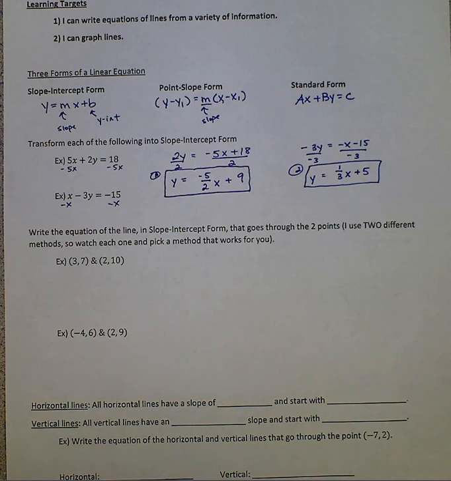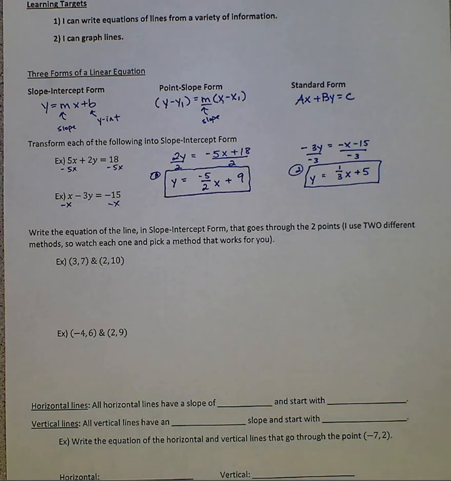A little bit more here. This next section asks us to write the equation of a line in slope-intercept form that goes through the 2 points. I'll use 2 different methods, so watch each one and pick the method that works for you. In both cases, we need to find the slope of the line.